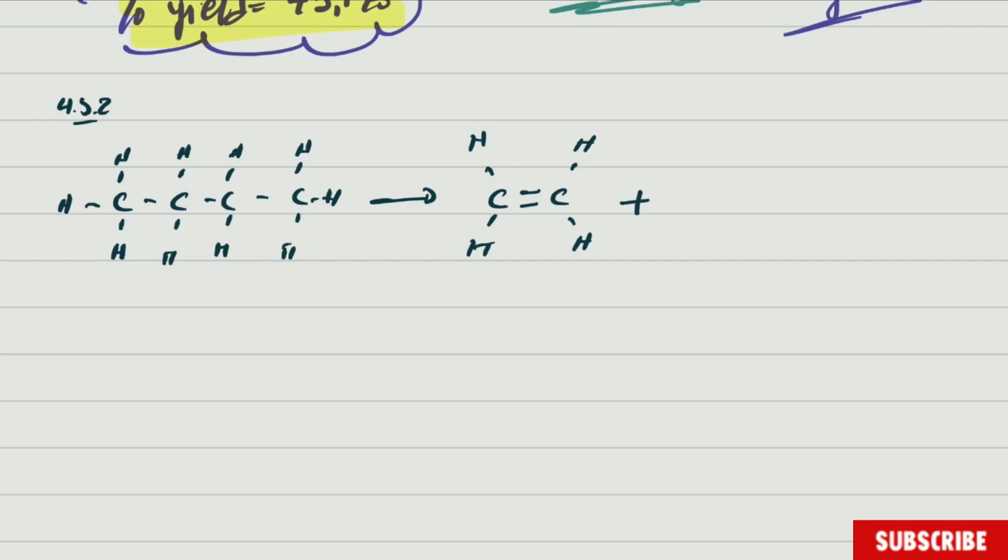Okay, so we know that we have already taken 2 carbons from this butane. So 2 carbons are left. There are 2 carbons left, guys. Now, how many hydrogens? We took 4 hydrogens, and therefore we have 6 hydrogens left. So when you come here, if you give 1 hydrogen to each carbon there, guys, this one is what we have.